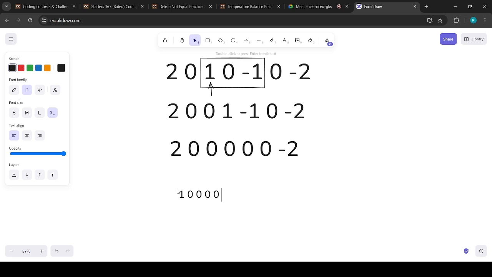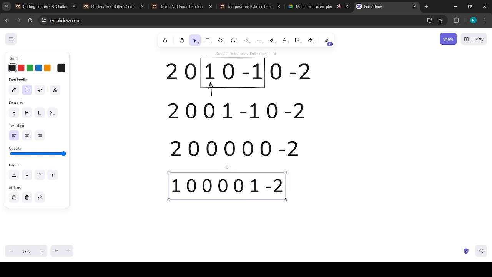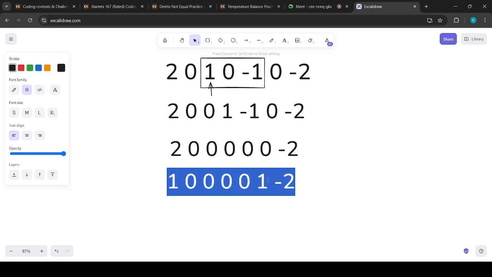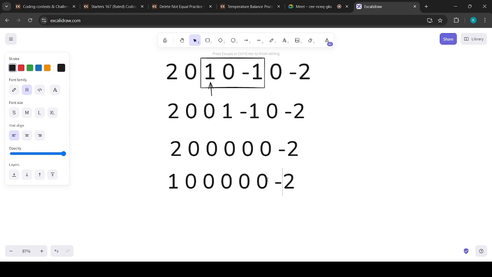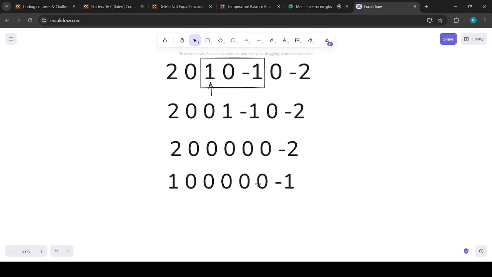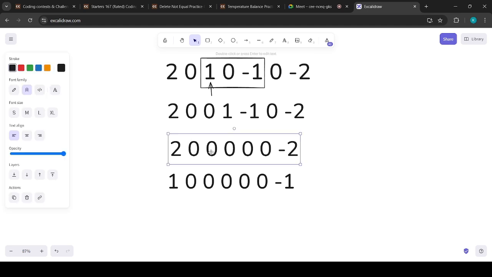so to form it as 1 0 0 0 -2, or we can say that it will neutralize directly. If we want to neutralize it by 1, it will take up to 1 2 3 4 5 6.